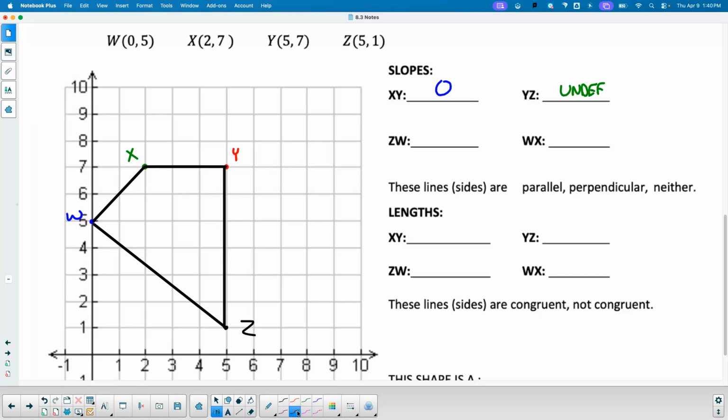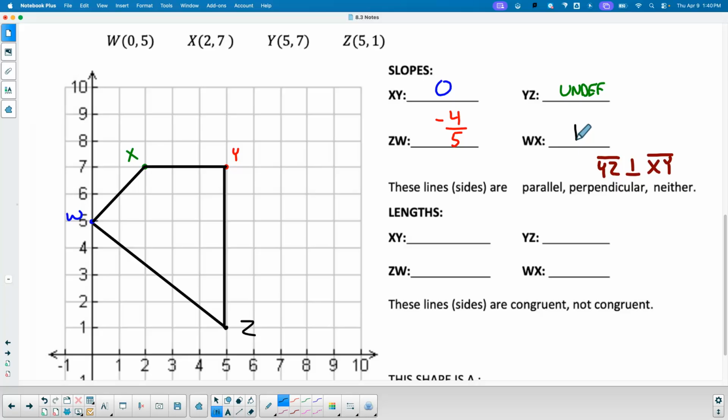So we can jump right down here to say that YZ is perpendicular to XY. Okay? Slope of ZW. One, 2, 3, 4. 1, 2, 3, 4, 5. Yep, I go -4/5. And slope of WX. 1. Anything else? Parallel, perpendicular. Nope, just those two.